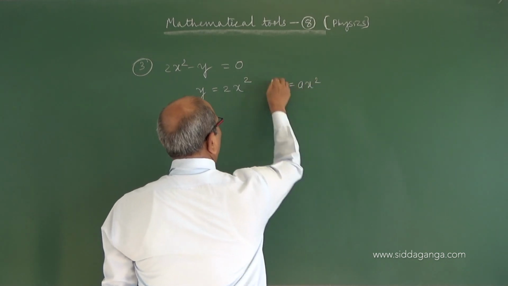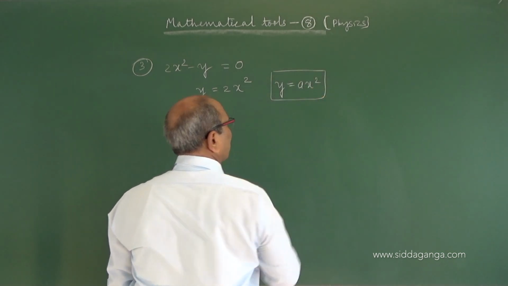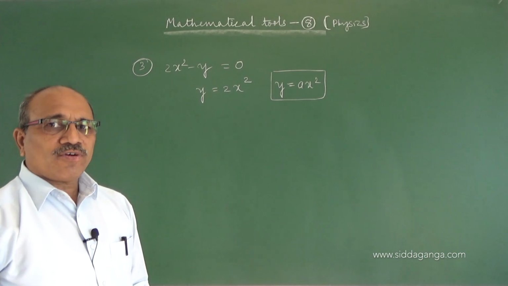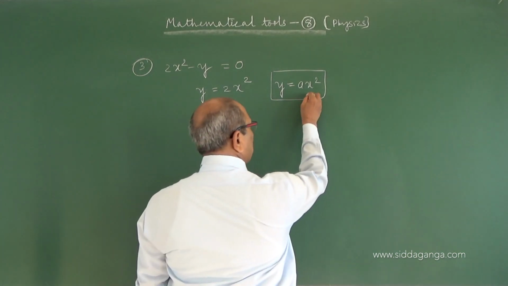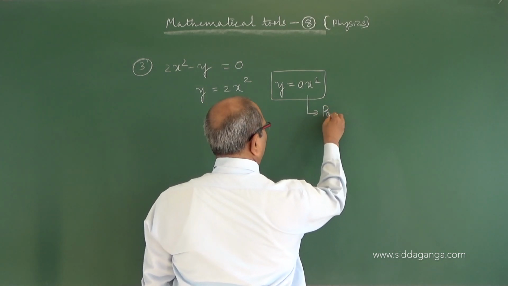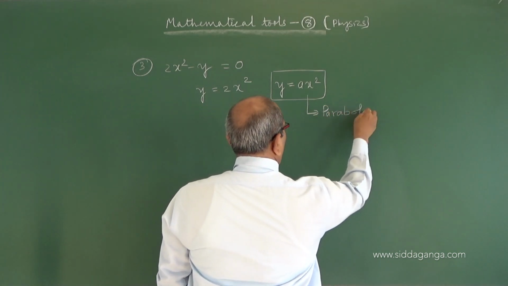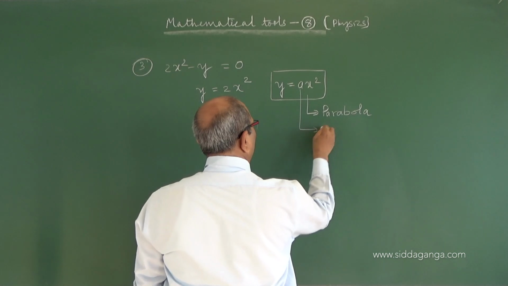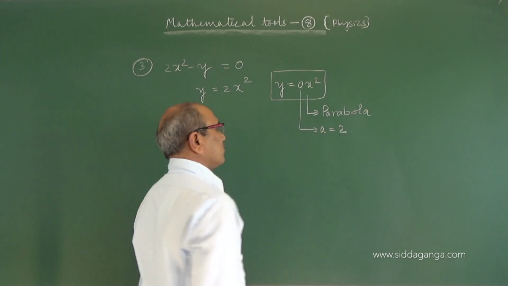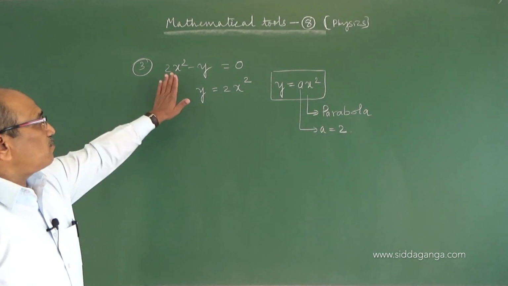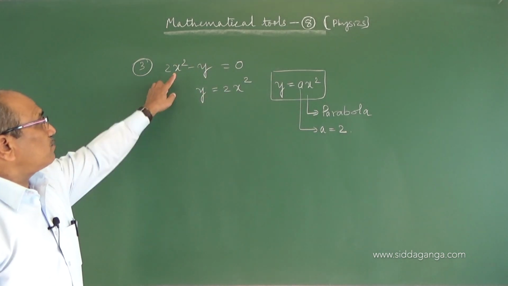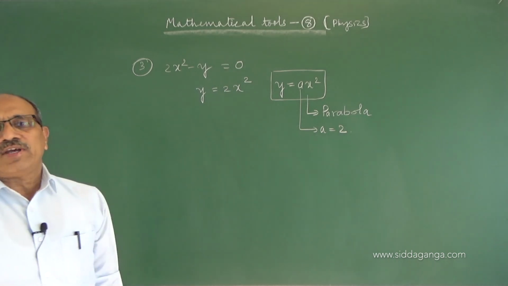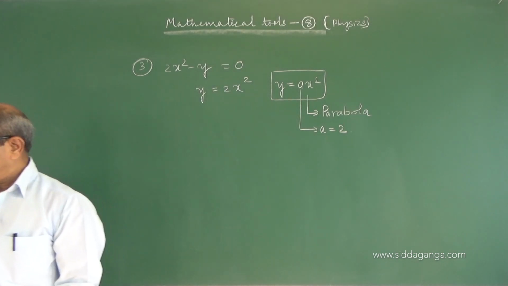The equation y equal to ax square plus bx plus c is nothing but a parabola, with the value of a equal to 2. This is the equation for a parabola, where the constant of the equation is a equal to 2.